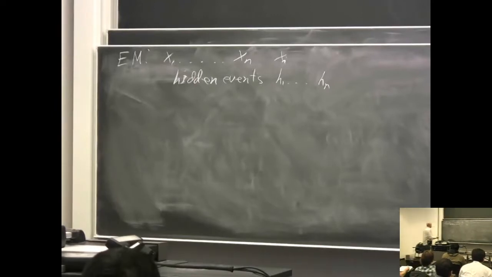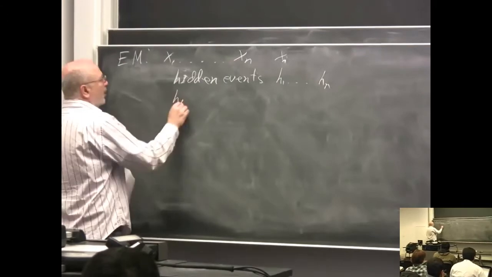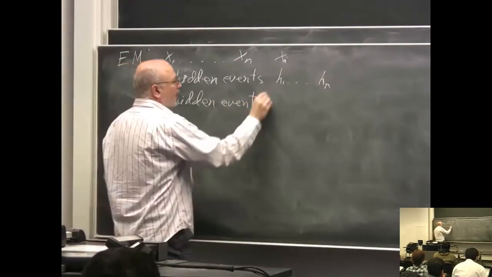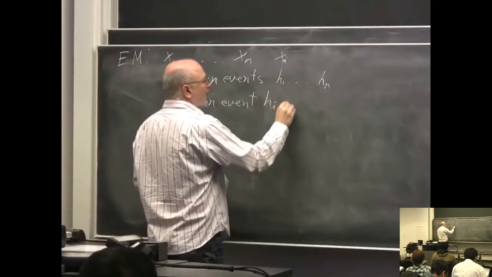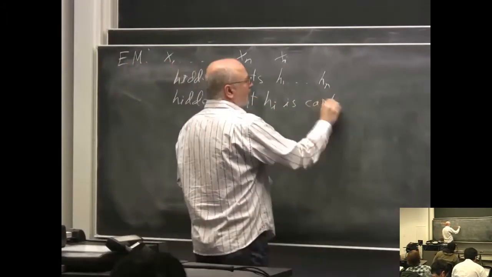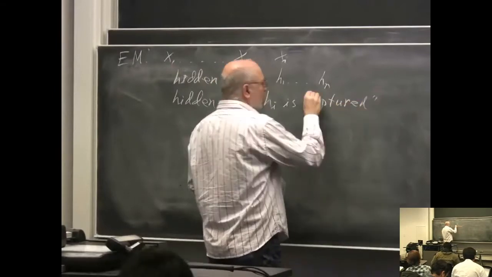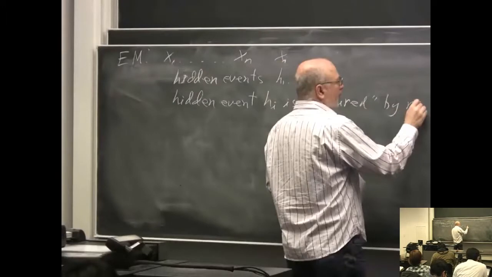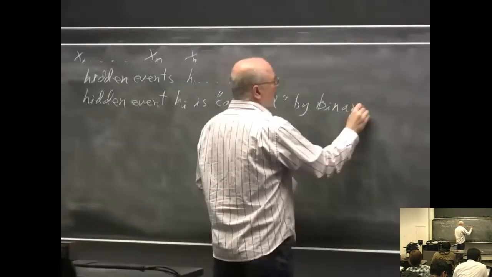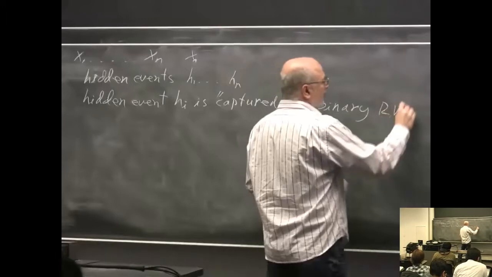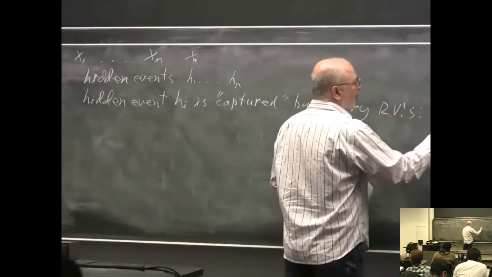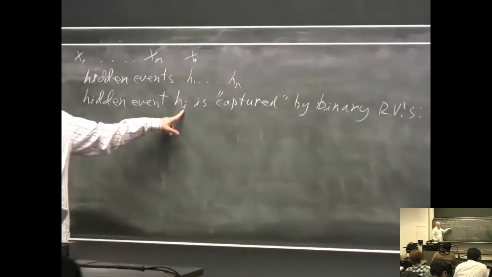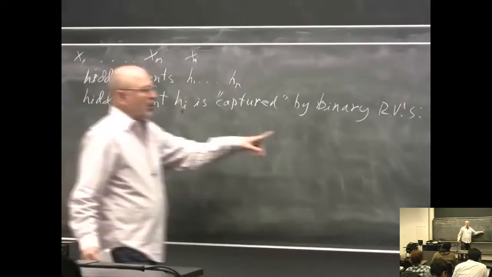The hidden event hi is captured by binary random variables, RVs, and we call them zi,j. So the i is the same i from h, but the j could be an index over multiple things.